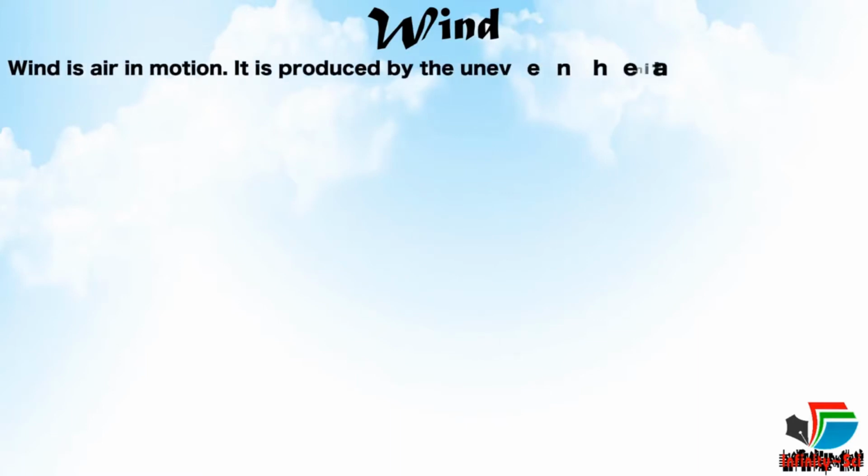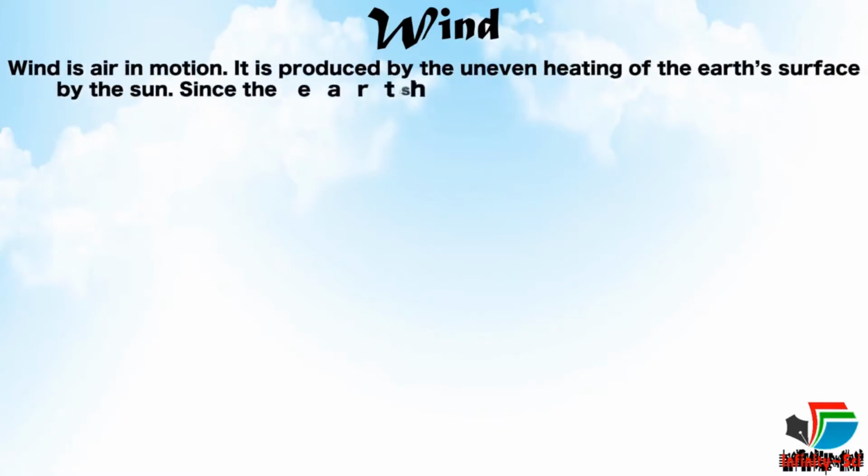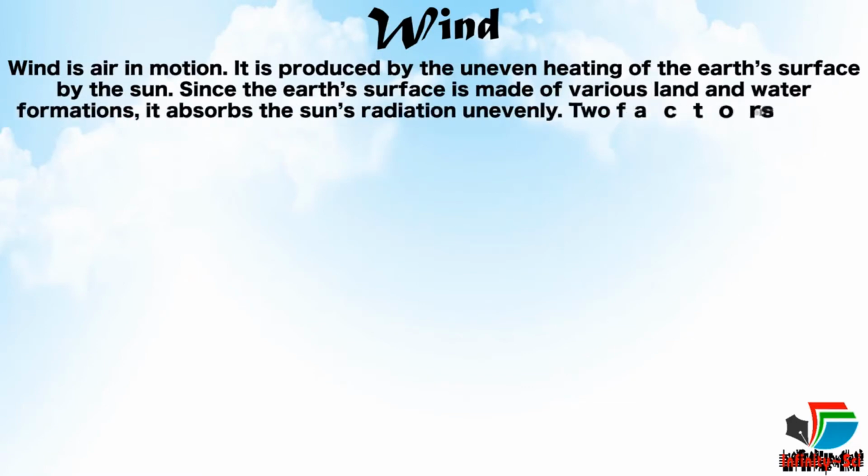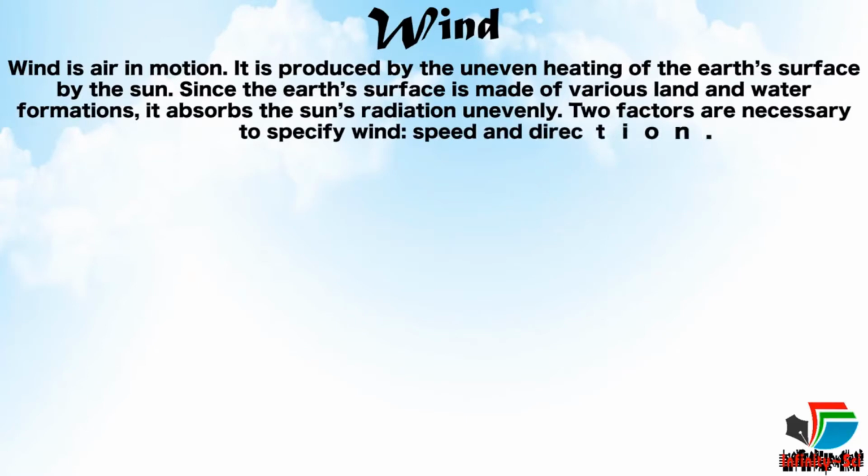Wind is air in motion. It is produced by the uneven heating of the Earth's surface by the sun. Since the Earth's surface is made of various land and water formations, it absorbs the sun's radiation unevenly. Two factors are necessary to specify wind: speed and direction.